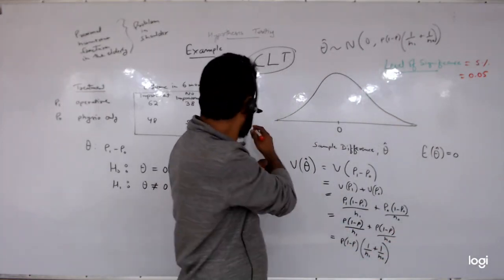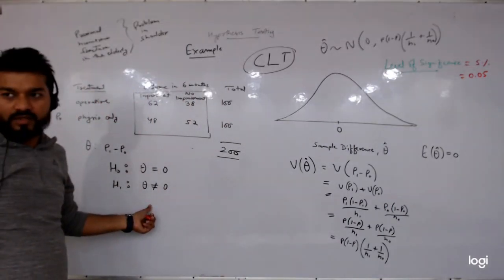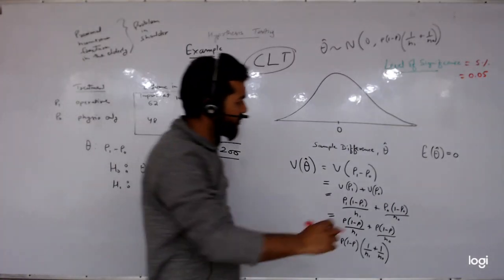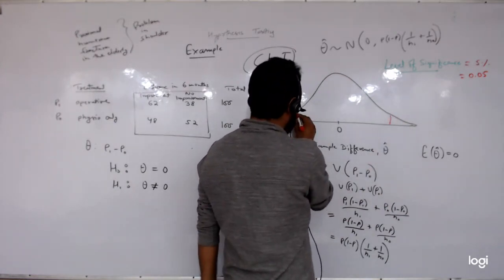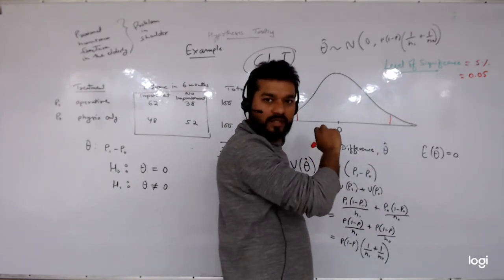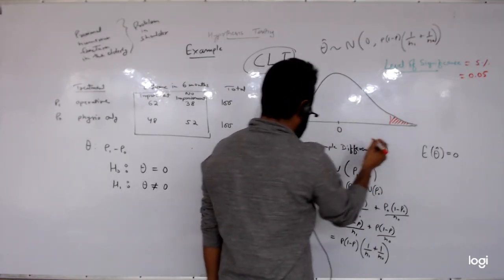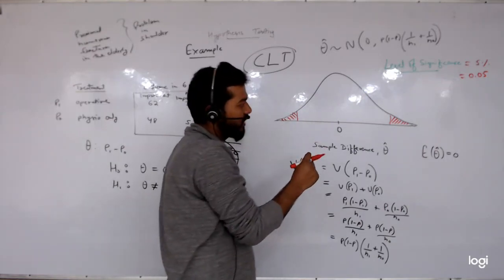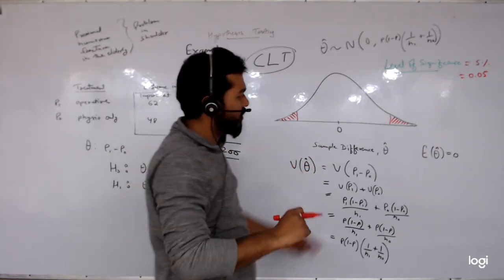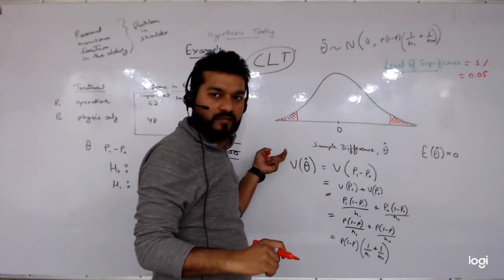And if we're doing a two-tailed test, so what we should have is, we should have our critical value positioned such that the area here and the area here, this should be 2.5%, 2.5%, together 5%.